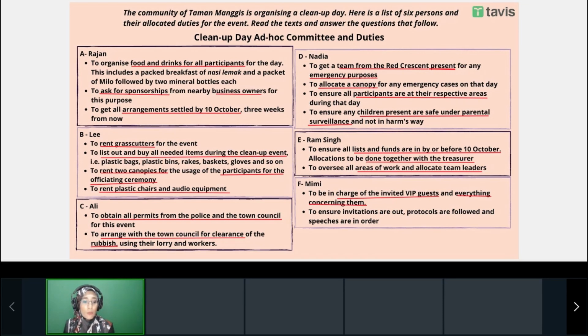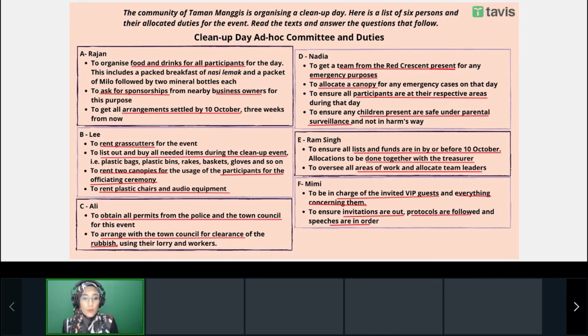She has to know what they have to do on that particular day as well. So she has to make sure invitations are out, protocols are followed, and speeches are in order. So she is more likely on the management side as well, but I would say she is like a floor manager. I hope that you have heard that before. Floor manager. So she's in charge of the whole process.